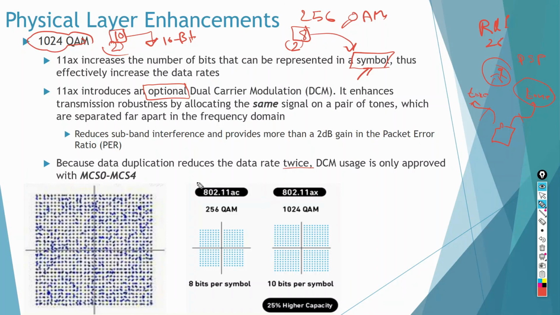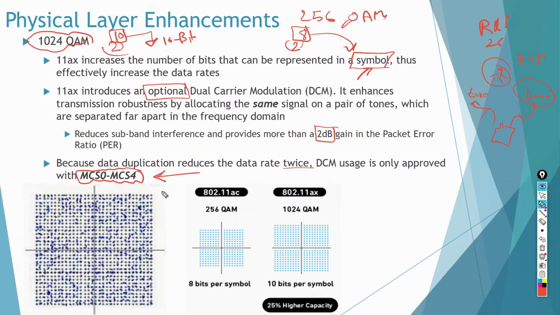So 11AX allows the usage of this modulation only at the lower MCS data rate values. On the other hand, doing that provides a 2 dB gain at the receiver. Okay, this is good.